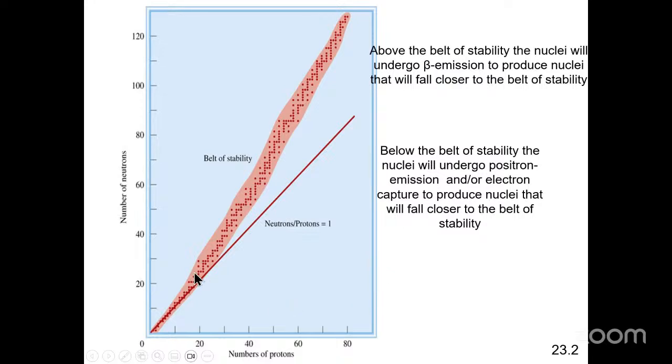This is called the belt of stability in this plot. Nuclei which fall outside of that belt of stability will undergo nuclear reactions to produce products which fall closer to the belt of stability. That's what was observed experimentally when they looked at the stability of different nuclei.